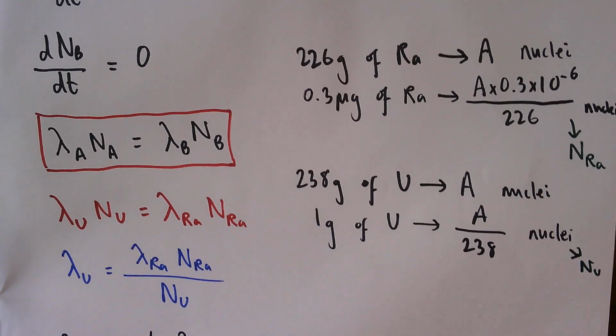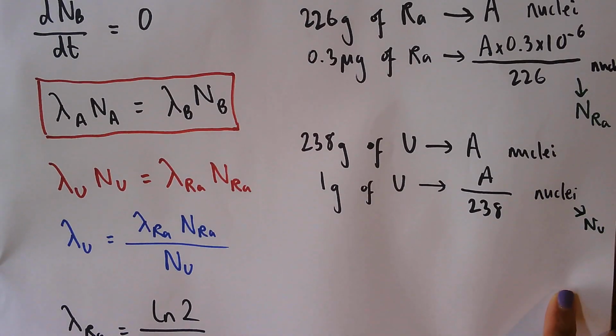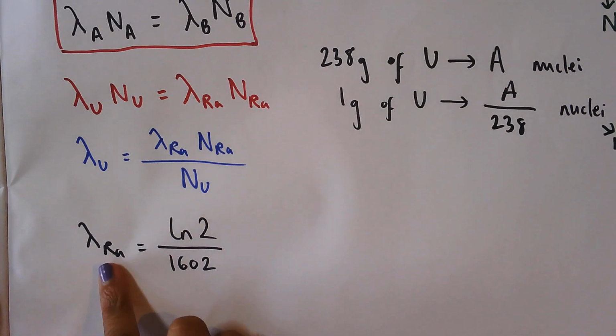And now we have the values of N Ra, N U, and lambda Ra.